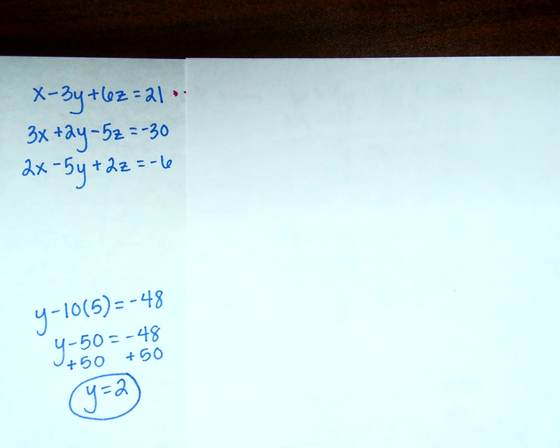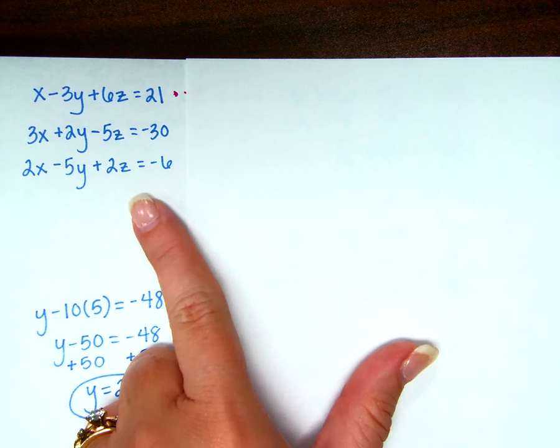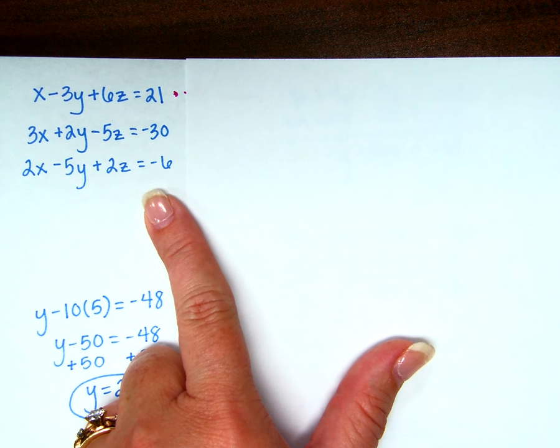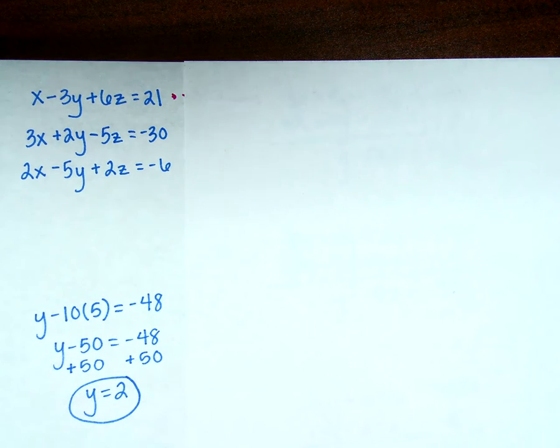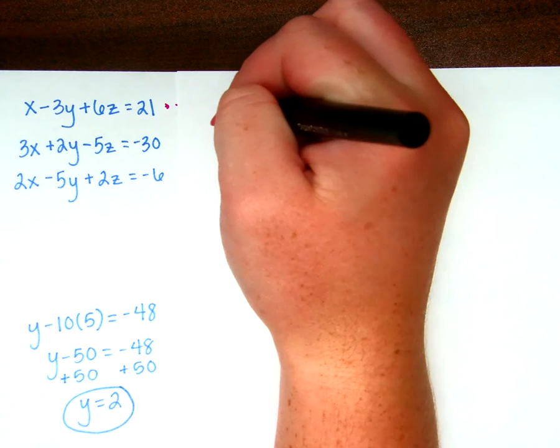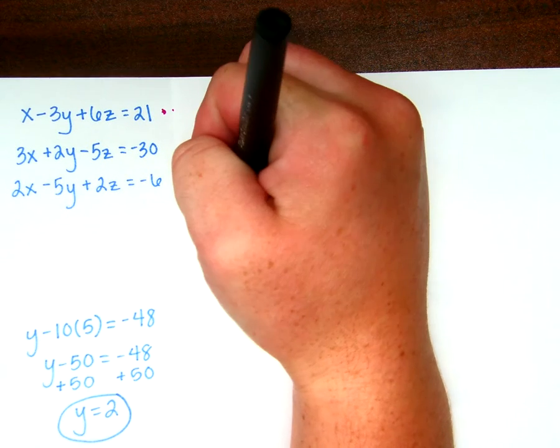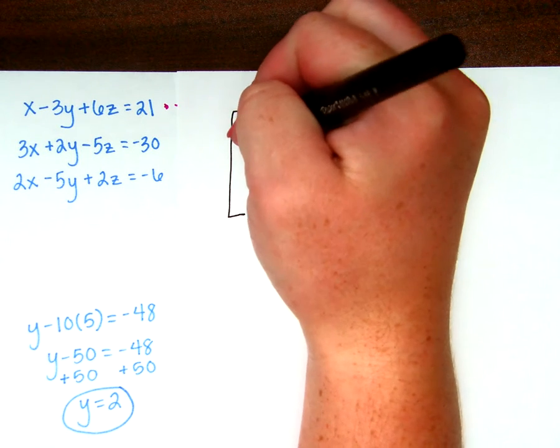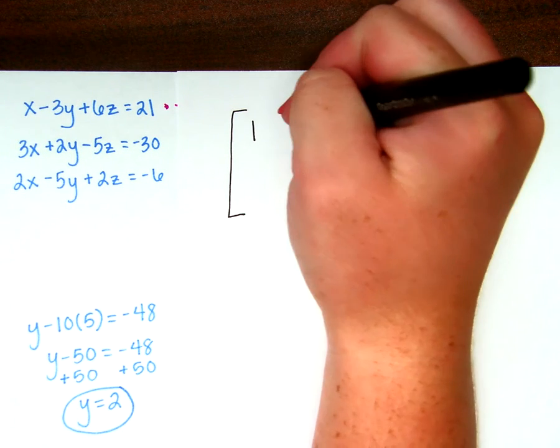What we want to do is convert our system into a matrix. So this is what it's going to look like when we convert it into a matrix. We have these bars around it that tell us it's a matrix. Now look at the first row of the matrix.